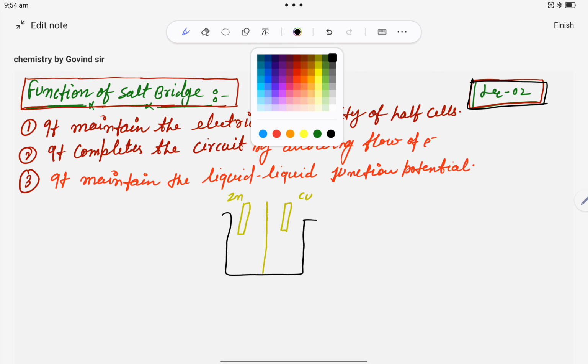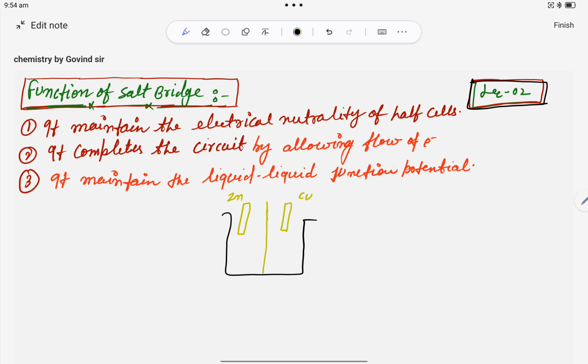So what happened in that case? Positive charge, because zinc sulfate solution is having positive charge and this solution is having negative charge. So they maintain the liquid junction potential, and this is the junction.